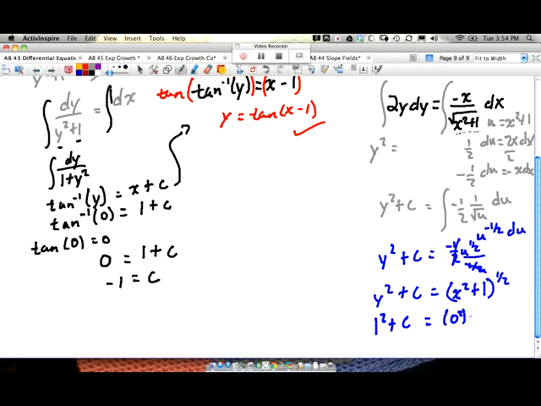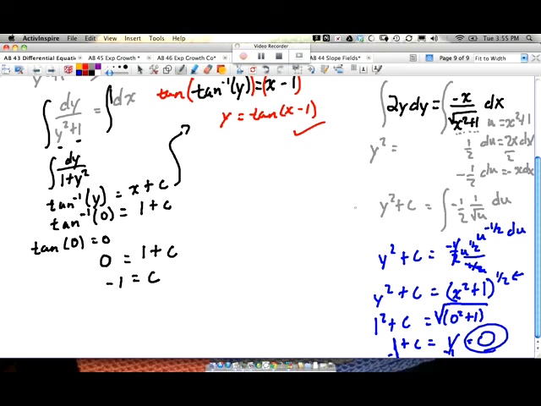So that's 0 squared plus 1, and then square root of that. The 1/2 power, that's what this is. Okay, so I got 1 squared, or 1 plus c equals 1. Well, check this out. Subtract 1 from both sides. What's c equal? C equals 0!